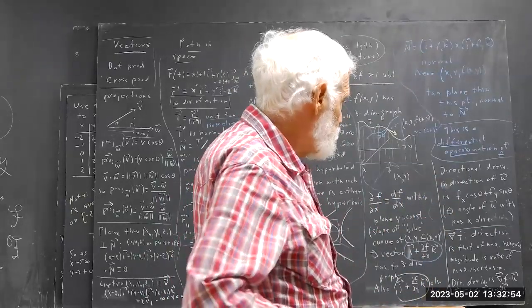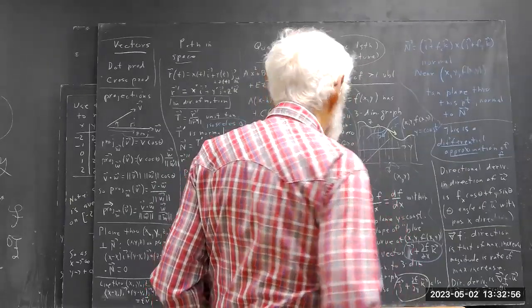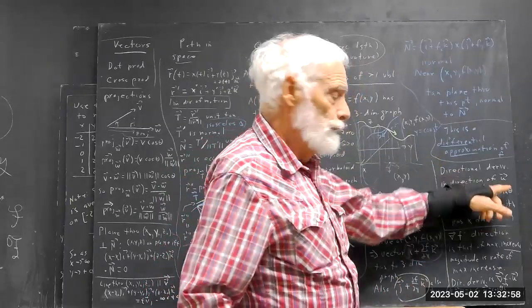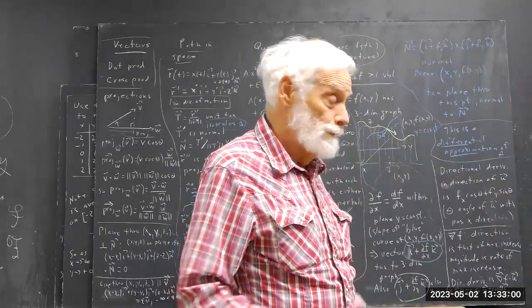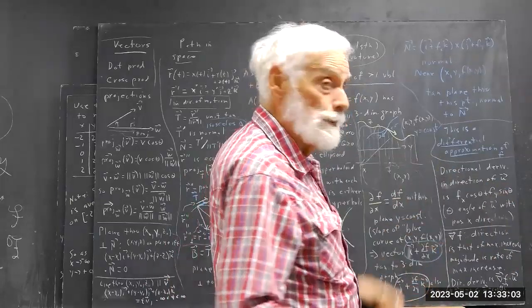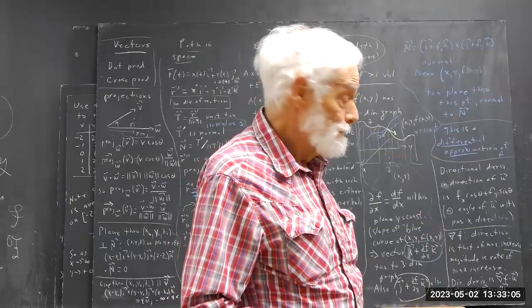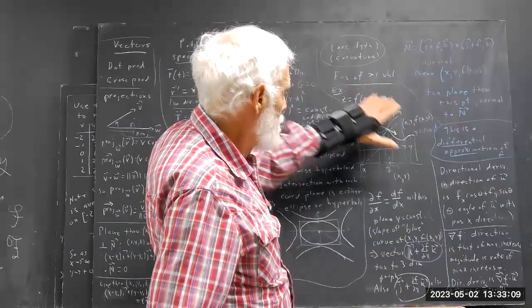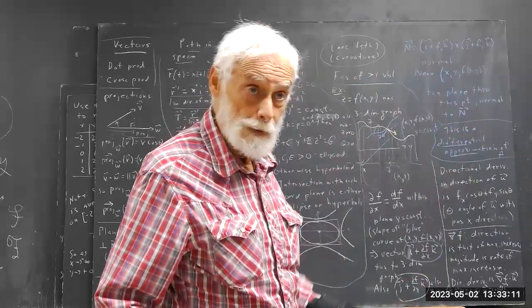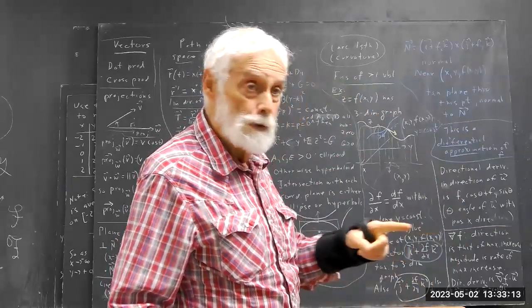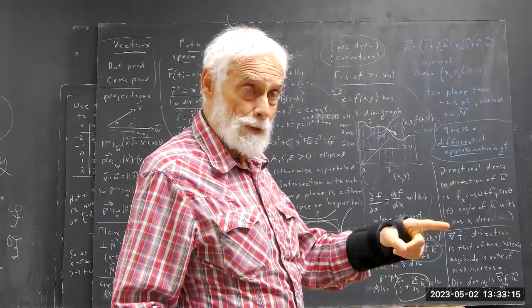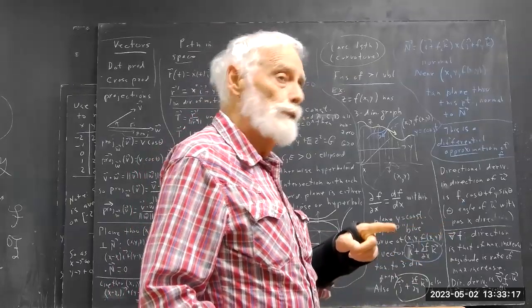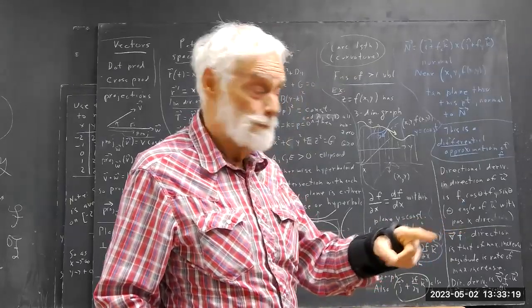Okay. The directional derivative in the direction of u. Okay, so I went back and figured this picture. If the rate at which the value of the function on this surface, whatever it is, changes if we move in this direction, the rate with respect to how far we move in this direction.